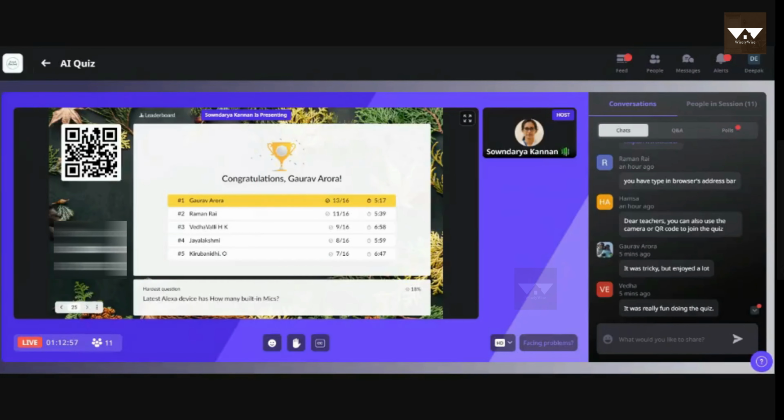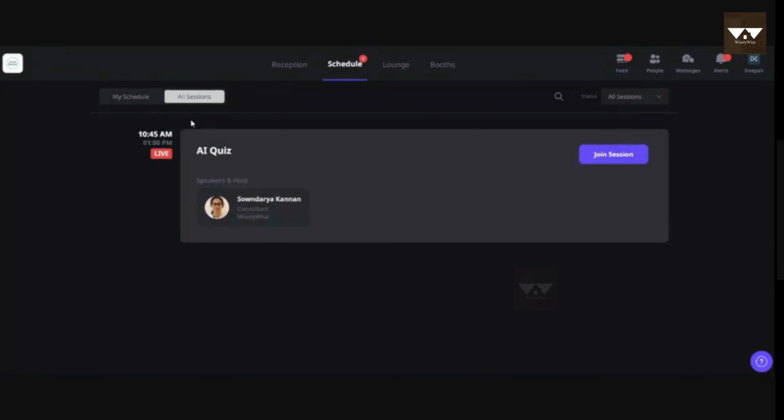There are two things left, which are the lounge and the booths. In the lounge there are tables. You can select a table, and we can go there and have a discussion. There you can turn on your mic and camera and talk with us. In the booths, we have new courses, all our upcoming courses, and other activities which we do.